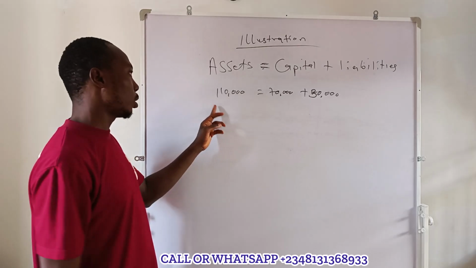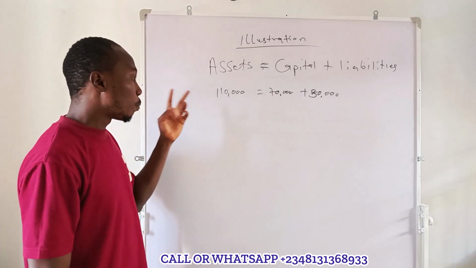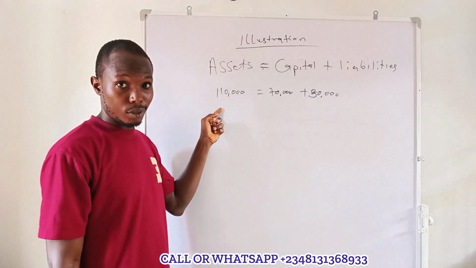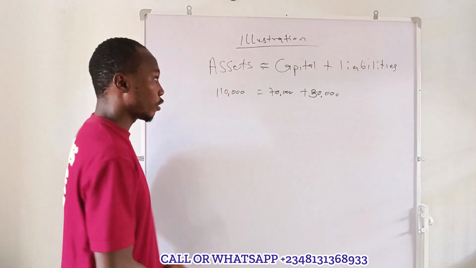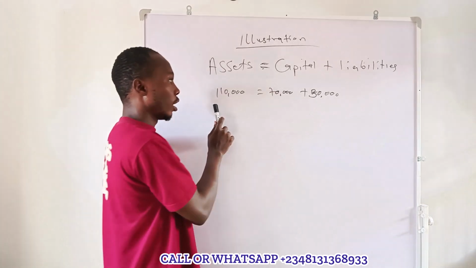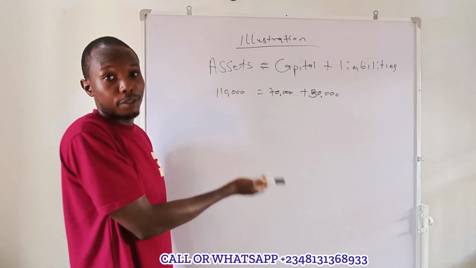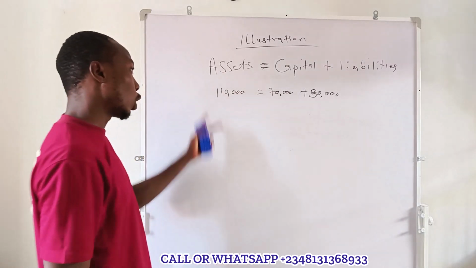But our asset is showing 110,000. Here it's also possible that at the end of the day it was overstated, overvalued. It was overstated by that 10,000. So instead of recording 70,000 here to reflect the plant and machinery, we recorded 75, for instance, 75,000 plus 35,000 will give us 110,000.